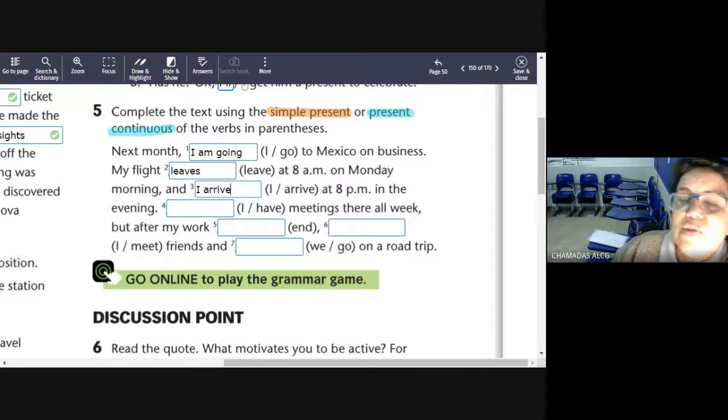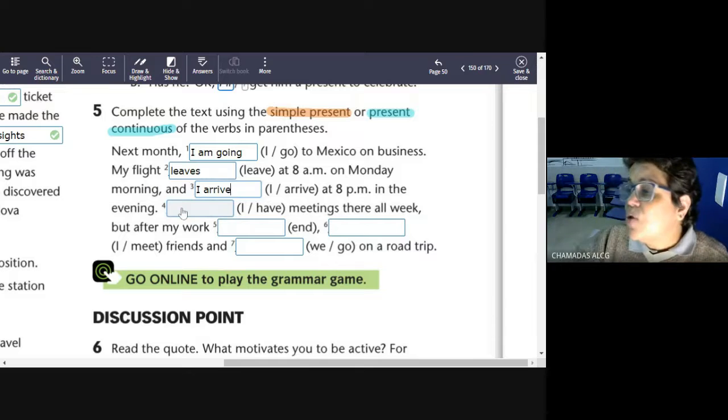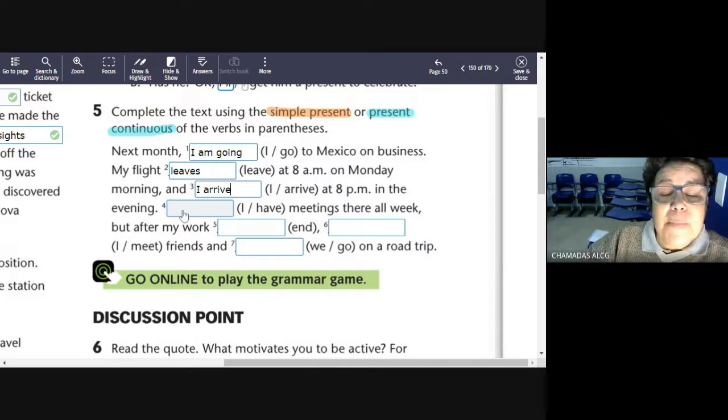We can only use simple present or present continuous. So, what is the best option? We can use here the present continuous because we are talking about arrangements.